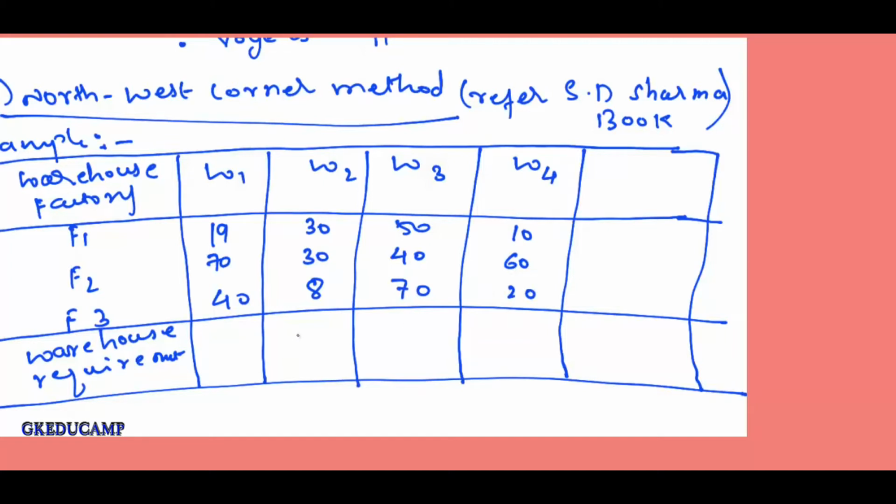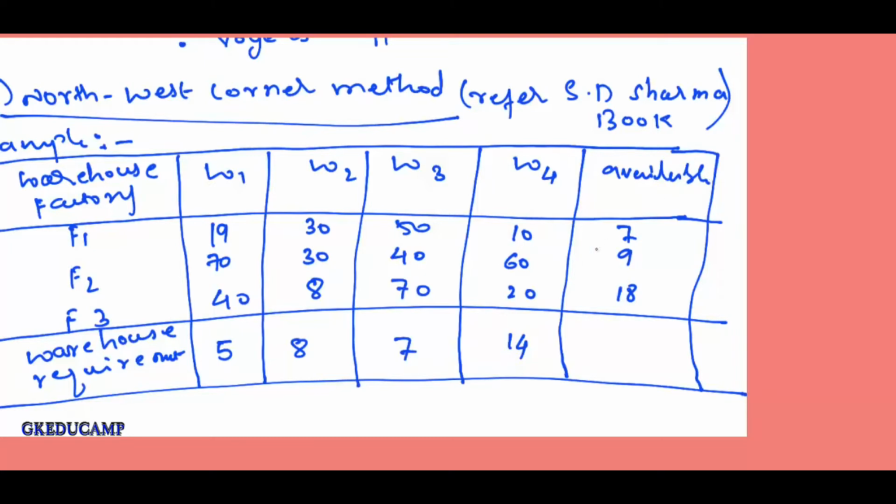And warehouse requirements are 5, 8, 7, 14, and the availabilities are 7, 9, 18.